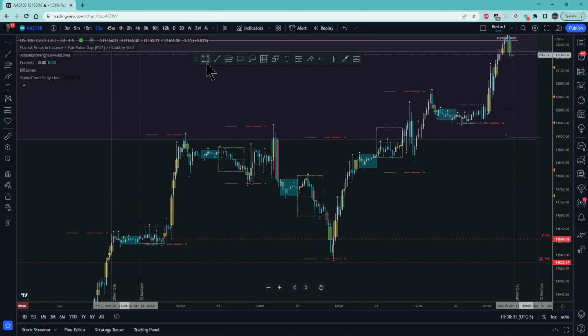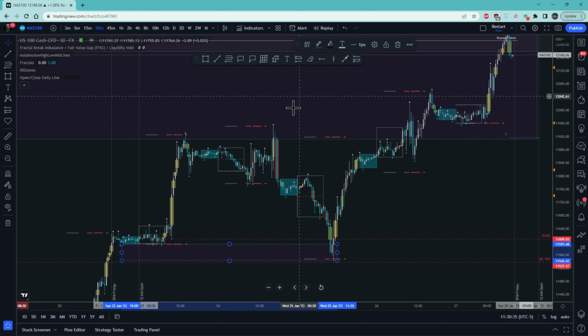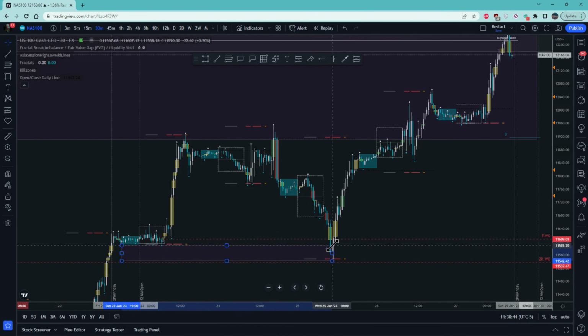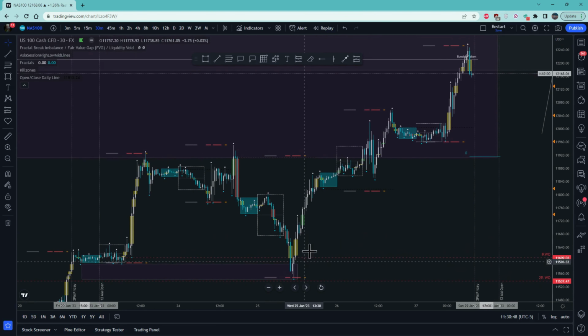And that is what we refer to as sell side liquidity. So essentially, the market opened, it ran up during the week, it came and captured sell side liquidity, and then it finished strong.